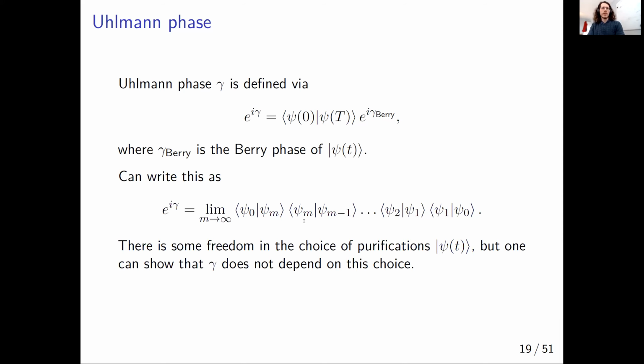This invariance under different choices of purifications is a generalization of the U(1) gauge symmetry that appeared when we defined the Berry phase. When the curve of density matrices is pure, the Uhlmann phase reduces to the Berry phase, so it's really a generalization of Berry phase.